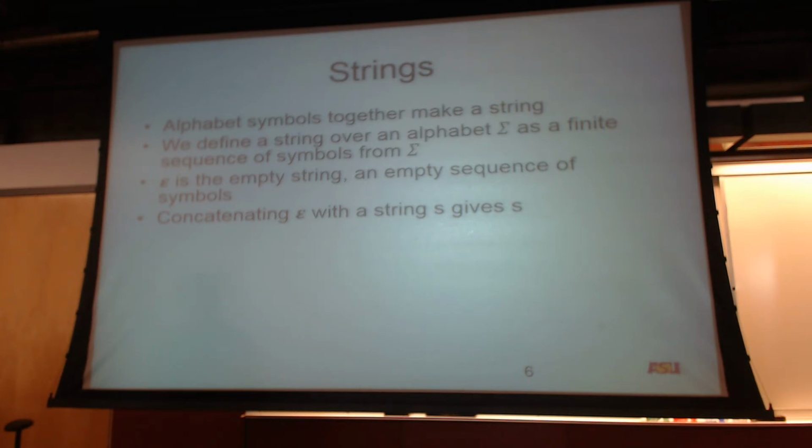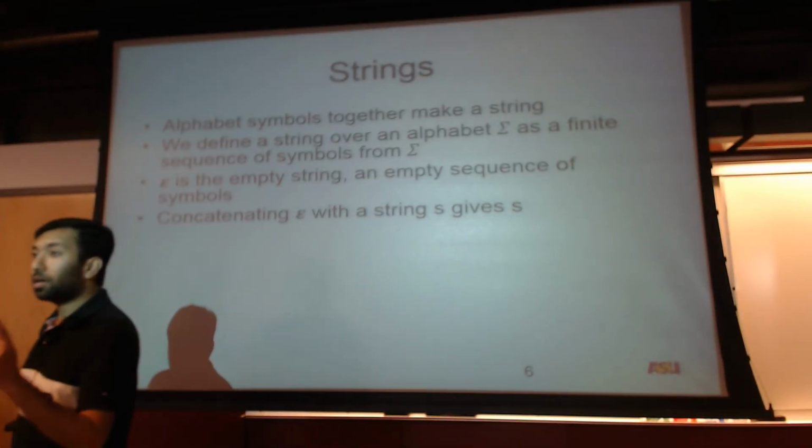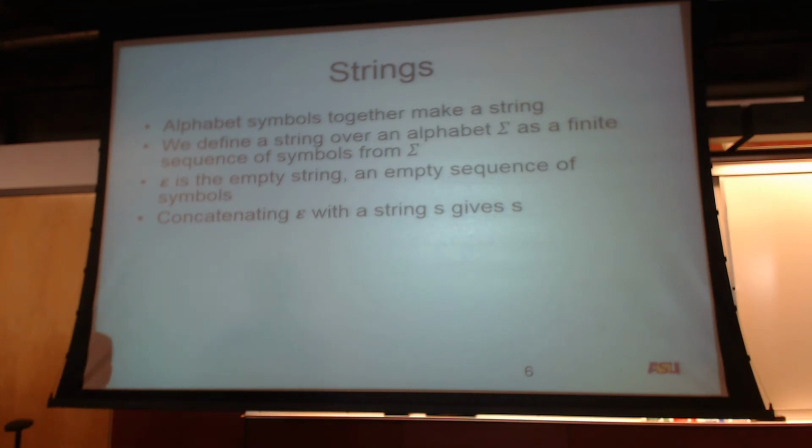The empty string is a concept. It is a concept that helps you understand the mathematics. You don't really have it in practice. So concatenate the empty string with S, you get back S. Now concatenation with the empty string is commutative.